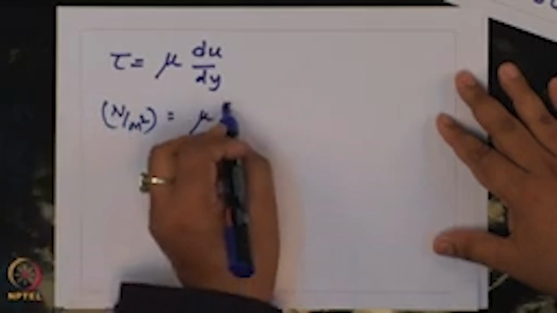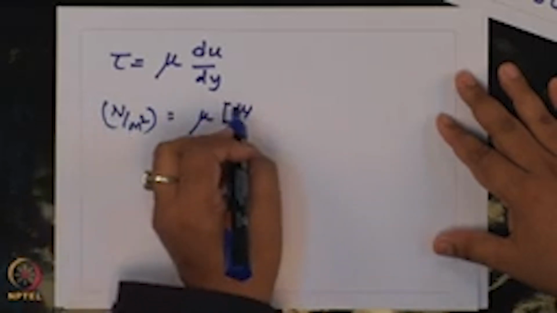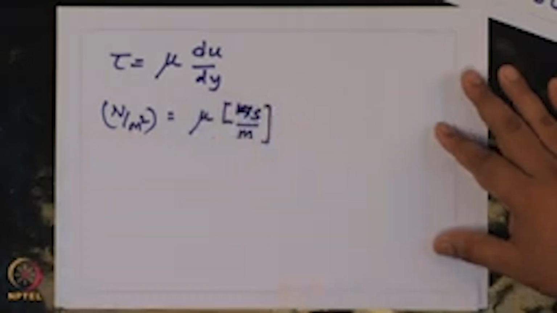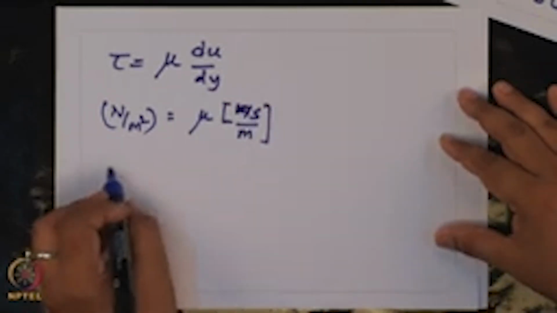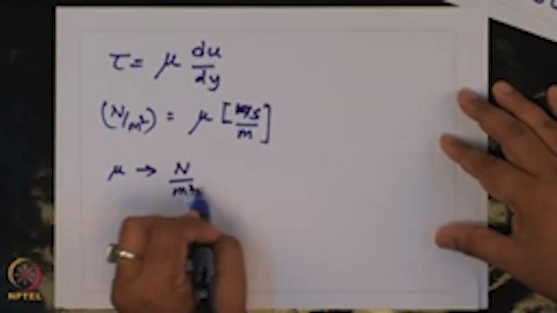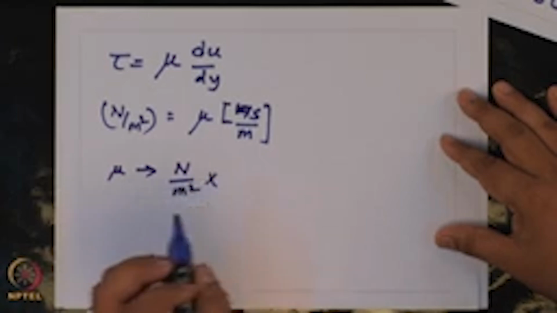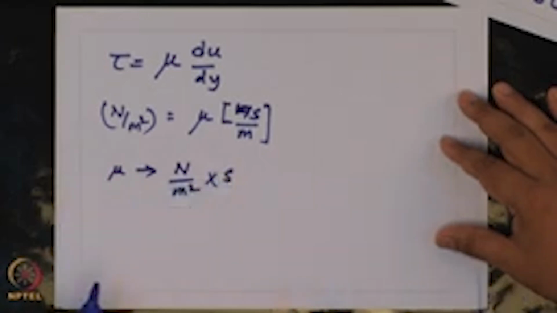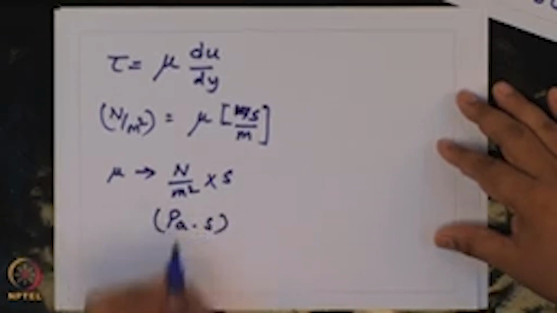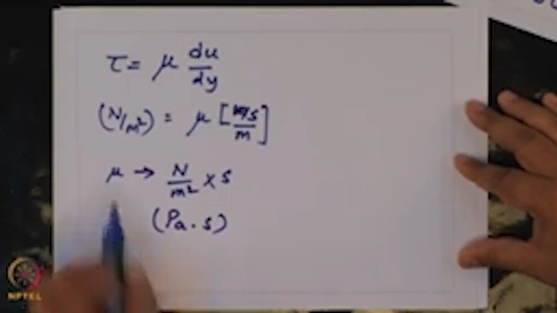Mu times u is meter per second, divided by meter. So, the units of mu have to be Newton per meter square into second, which is called Pascal second. This is the unit of viscosity.